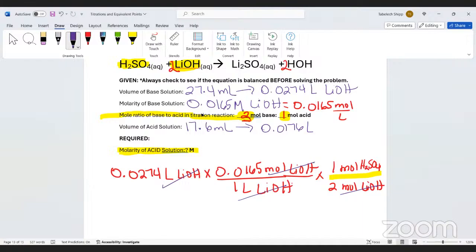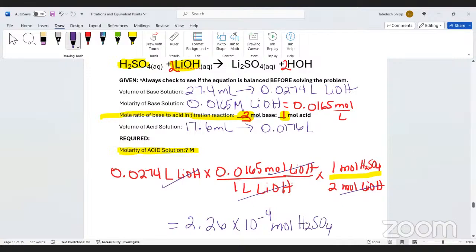But what we're going to do now is calculate that across. 0.0274 times 0.0165 equals, and then divide that by 2. And we get 2.26, because we only need 3 of those numbers, times 10 to the negative 4 moles of H2SO4.